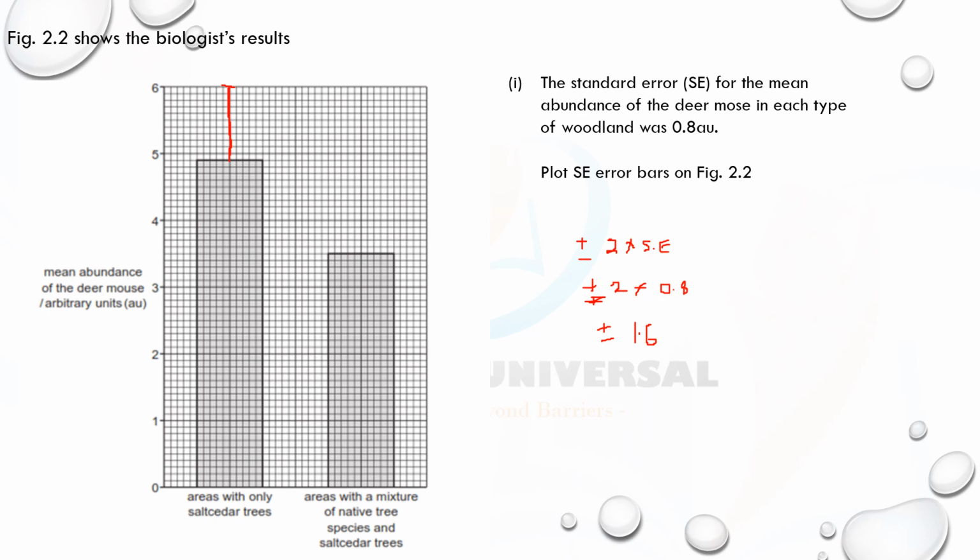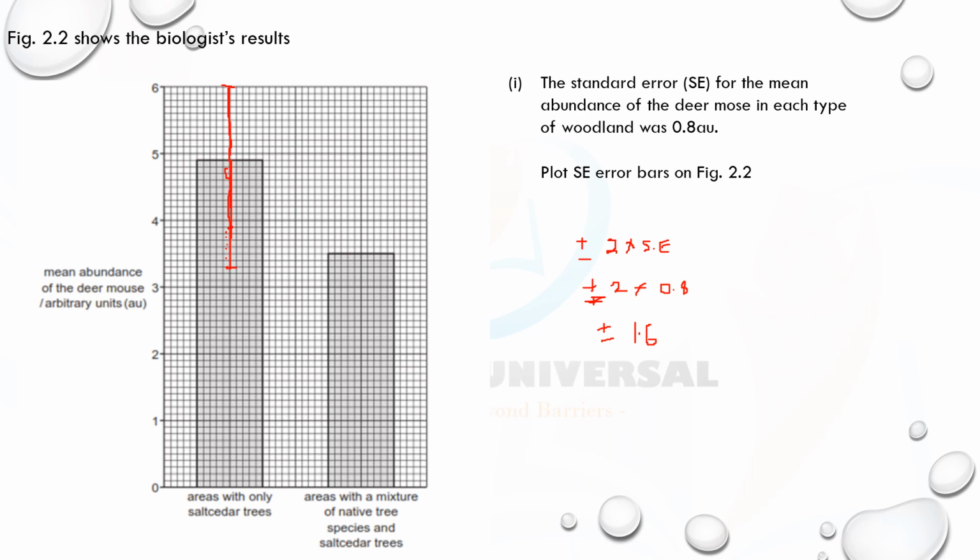Let's count 6 boxes from here: 1, 2, 3, 4, 5, 6. Okay, that's it. So from here I'll draw 1.6 to reach the mean. Sorry, it should be straight.